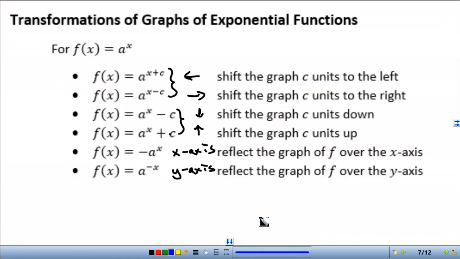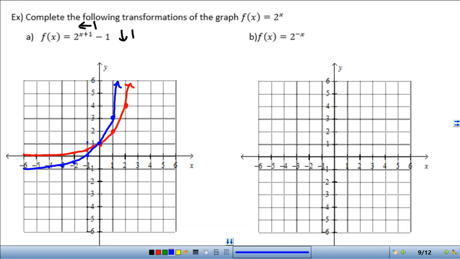And I got y equals 2 to the negative x. Remember that when it's to the negative x power, it's a reflection on the y-axis. So what I'm talking about, normally, my graph looks like this. But now I'm going to reflect it over the y-axis.